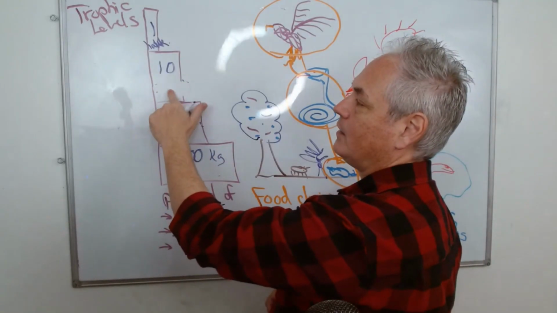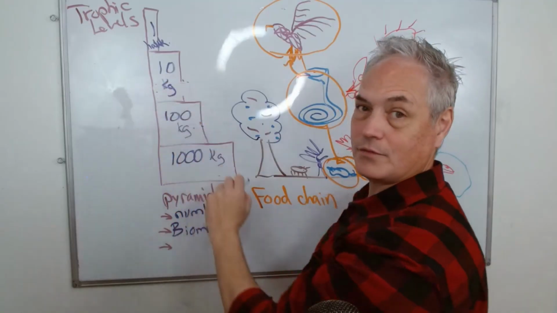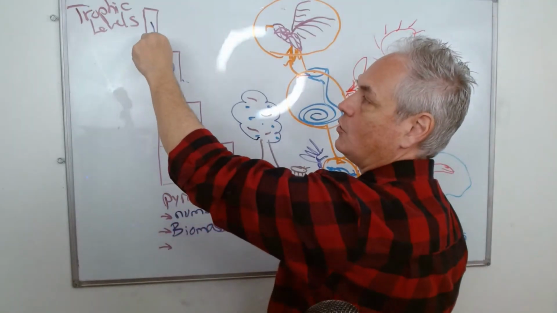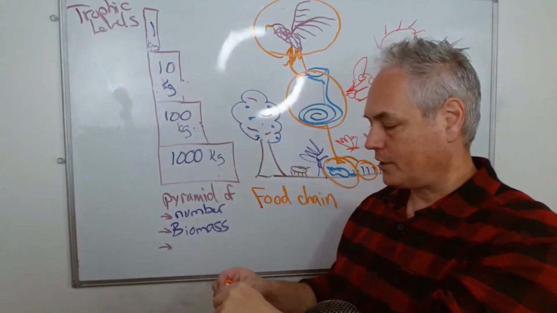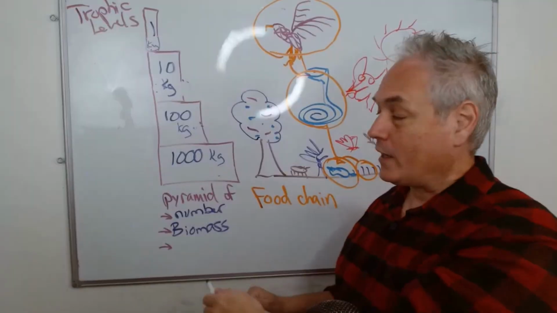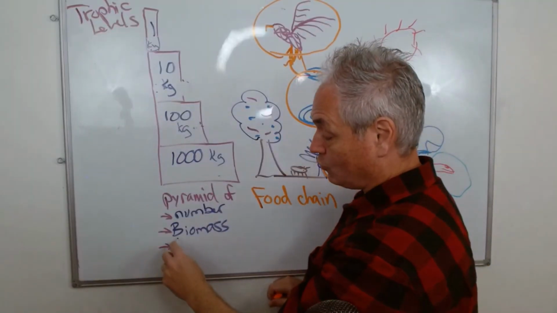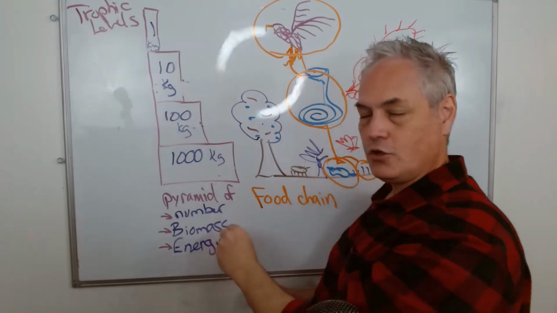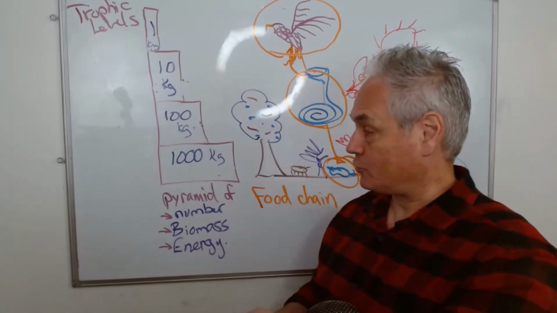And here I would have 10 kilograms of snake. And here at the top, 1 kilogram of hawk. So biomass is something to look into. Depending on who you work with and who you work for, you can have a pyramid of energy as well.